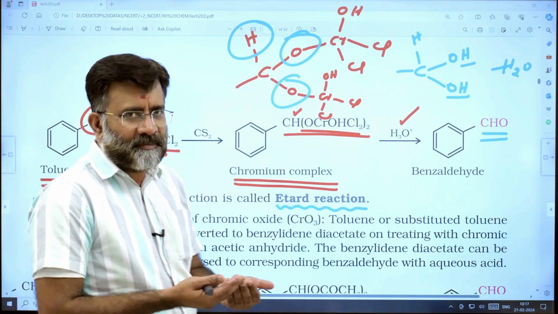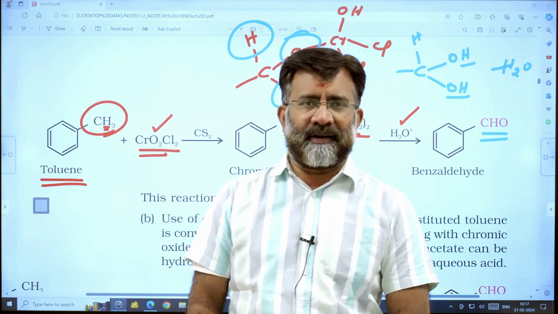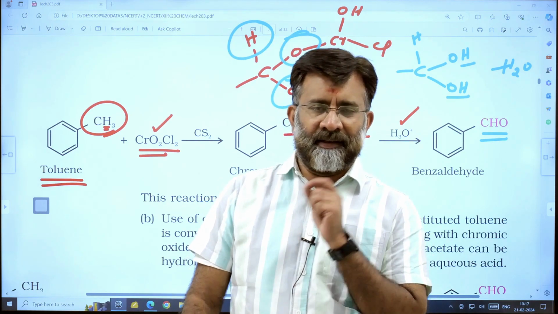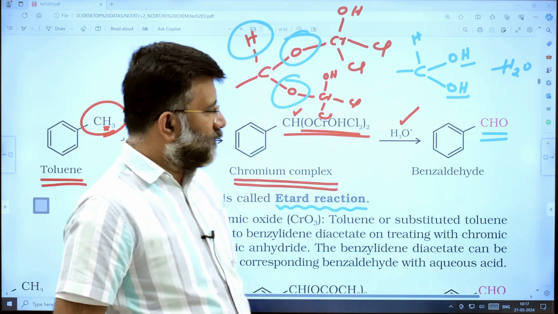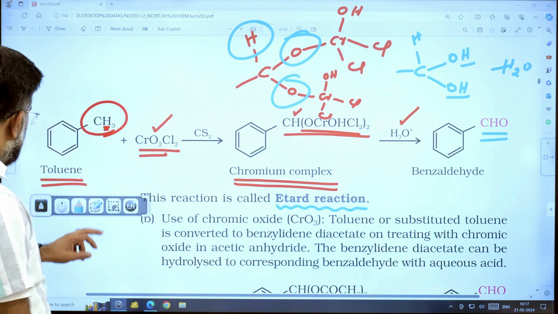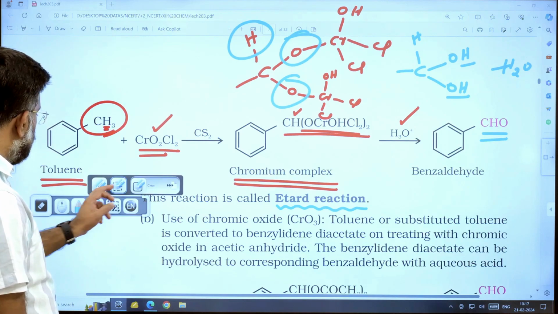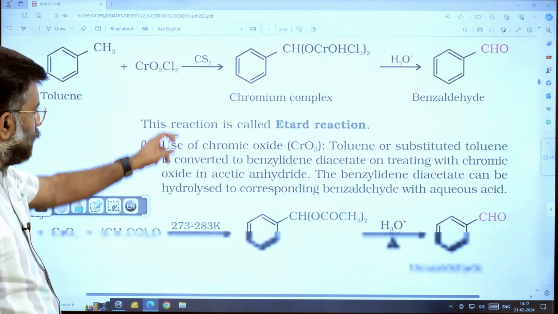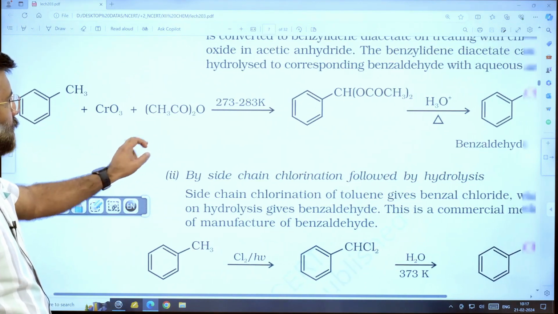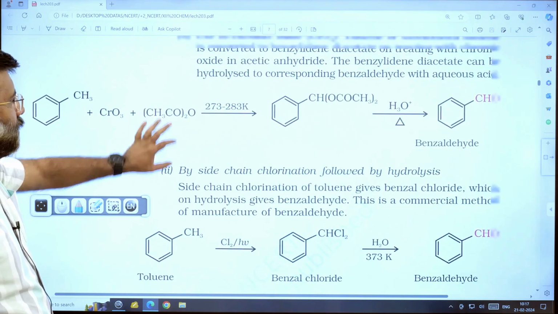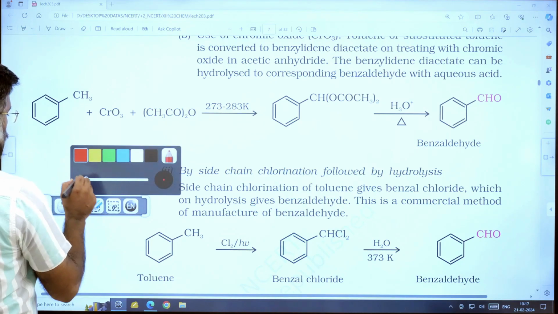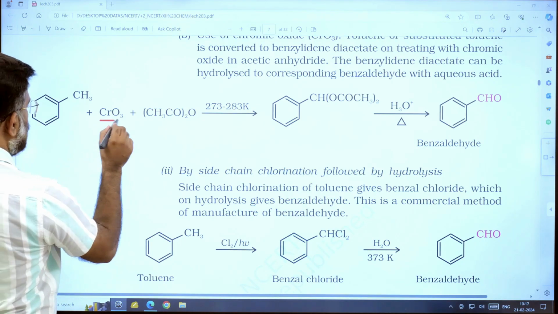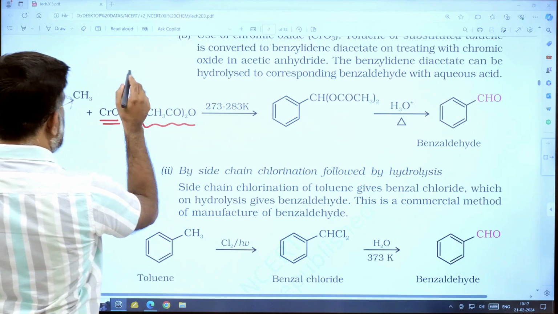A few minutes back we were talking about the Rosenmund reduction, Stephen's reduction using DIBAL-H. Now a special type of reaction, Etard's reaction. We can have a similar reaction. Toluene treated with acetic anhydride and CrO3.